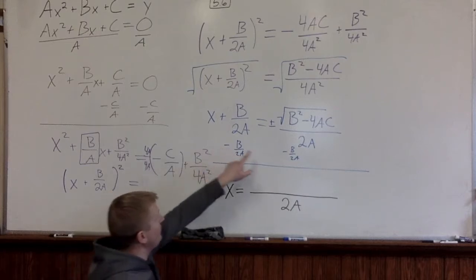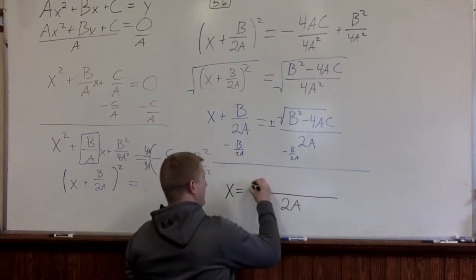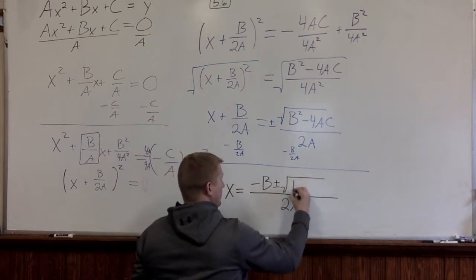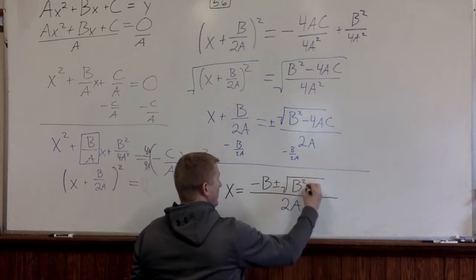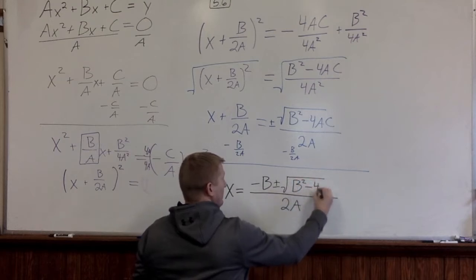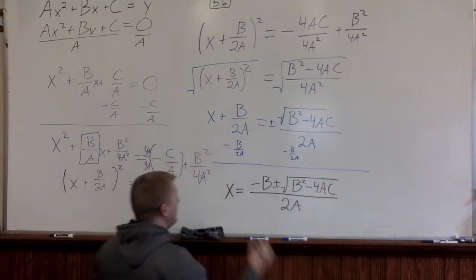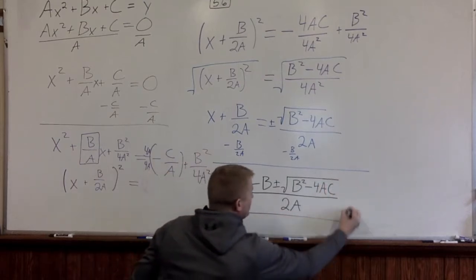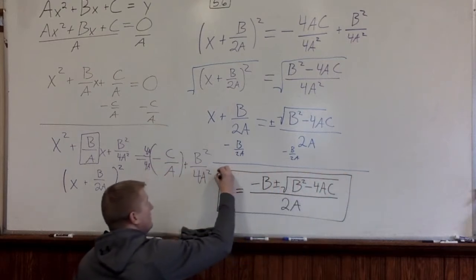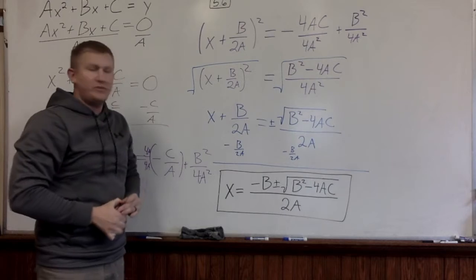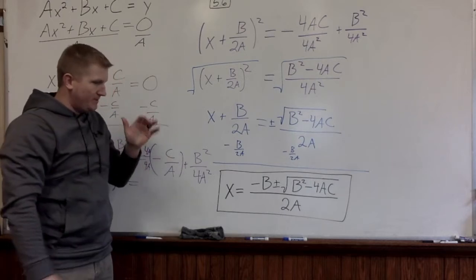And so we're subtracting b, so it's going to be negative b plus or minus the square root of b squared minus 4ac. And la-ti-da, we have what is commonly called the quadratic formula.